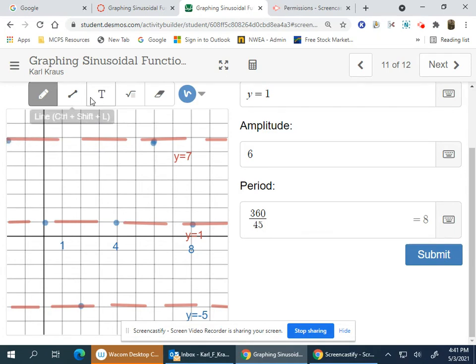So try to draw a curve through here, and label some of these points.